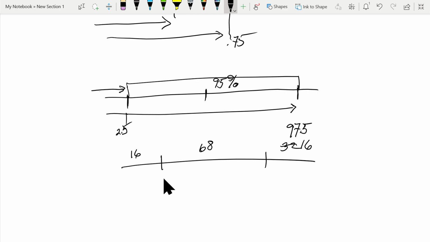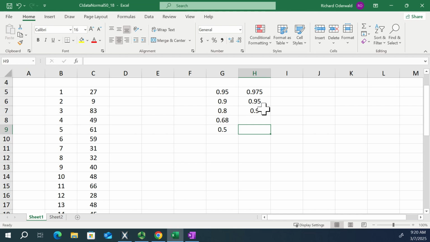I add the 16 and the 68. This is 84. And that's all there is to do in these things. You want to find the probability, you just draw a picture, take the numbers that you get. So this is 0.84.